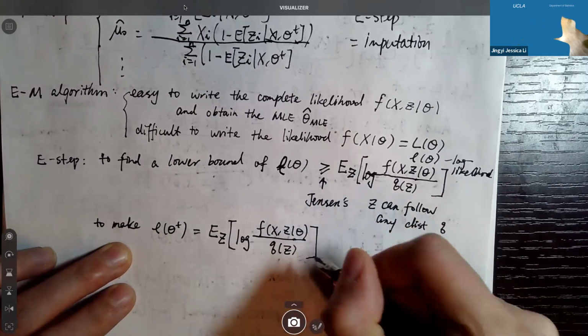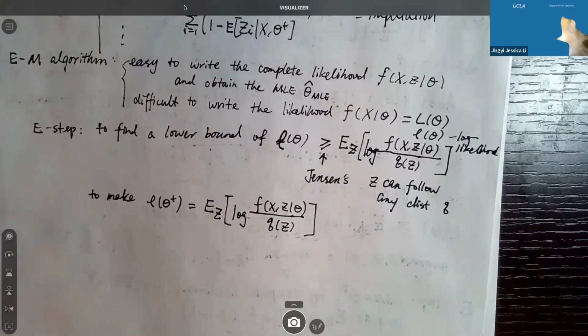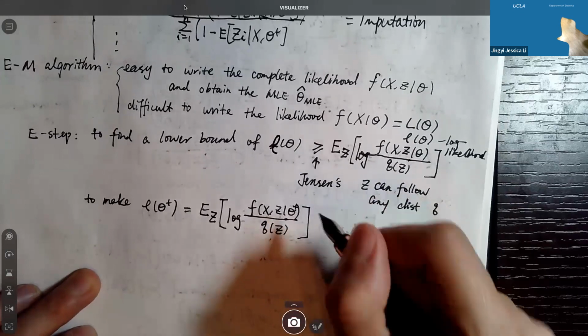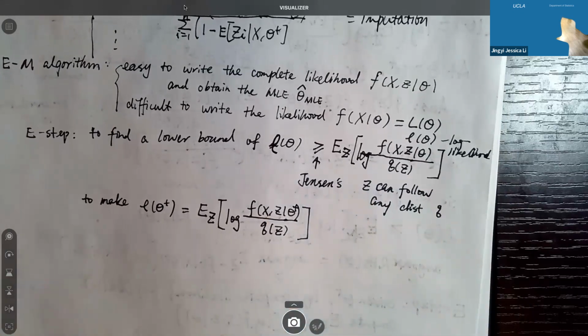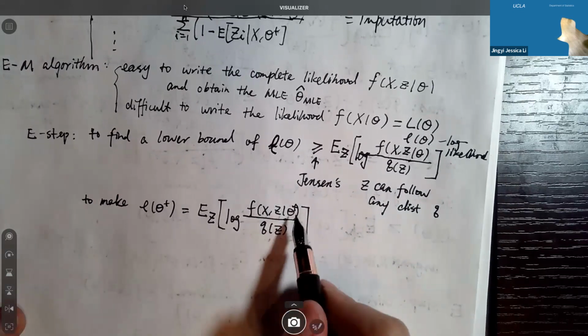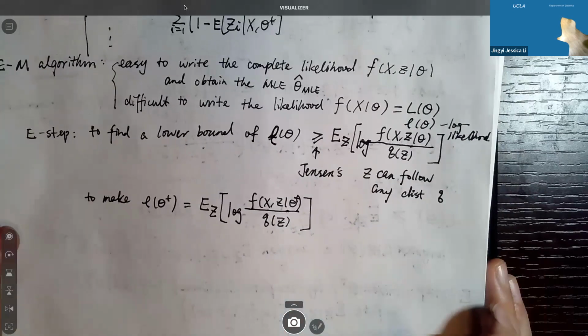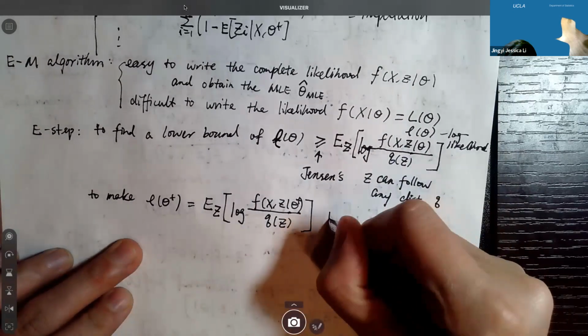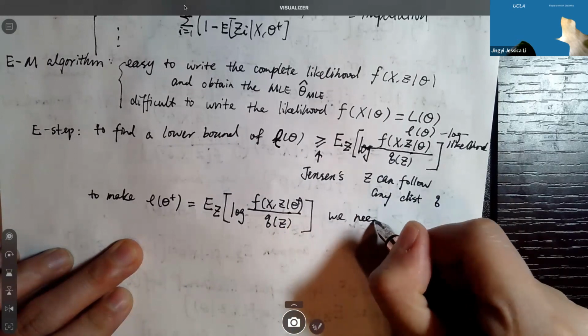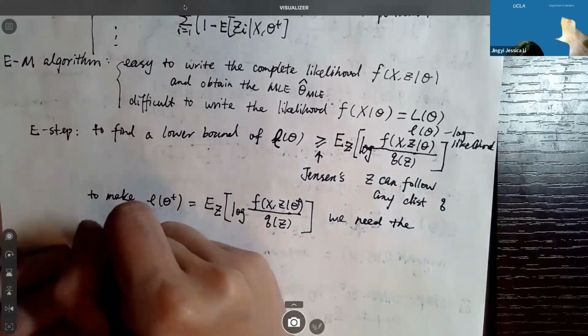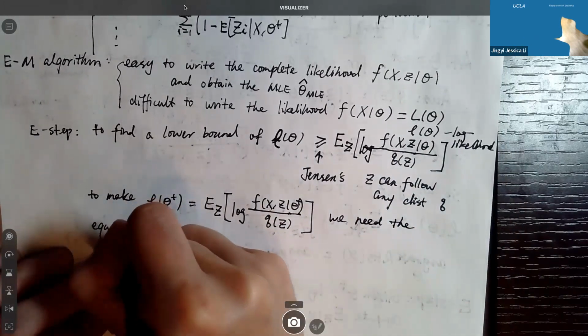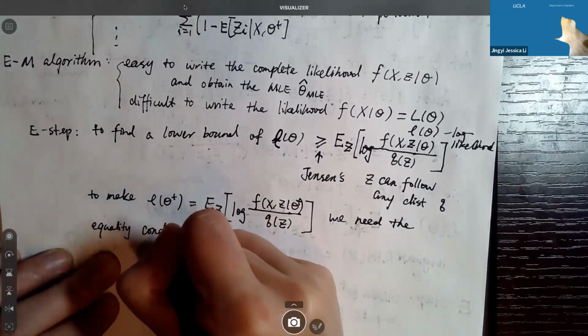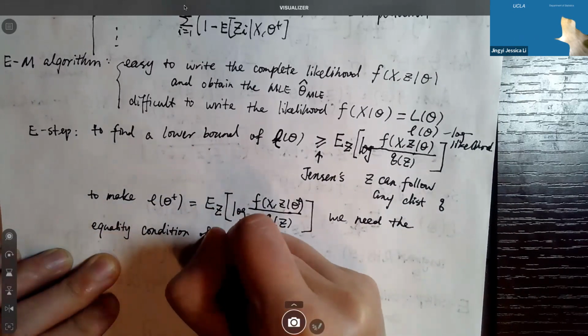So to achieve that, at theta t, my bad, t should stay here, so theta t on both ends. We need what's inside the log to be a constant. We need the equality condition of Jensen's.